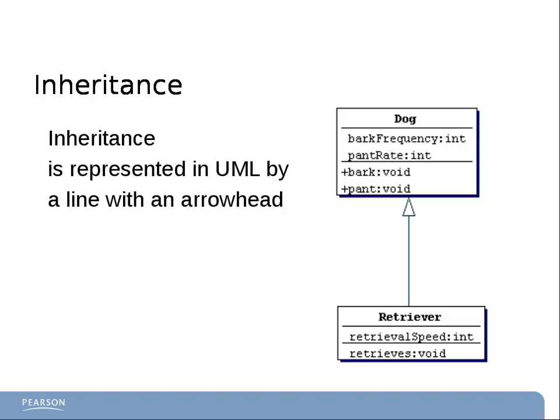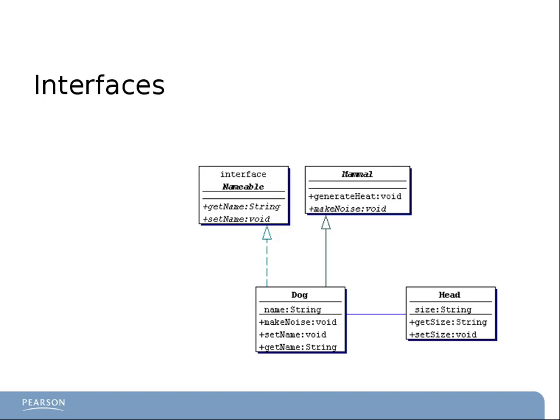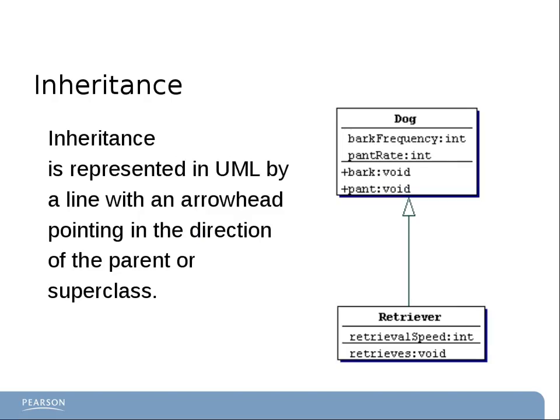Let's just do it slowly, the William Shatner way. Inheritance is represented in UML by a line with an arrowhead pointing in the direction of the parent or superclass. Or superclass.